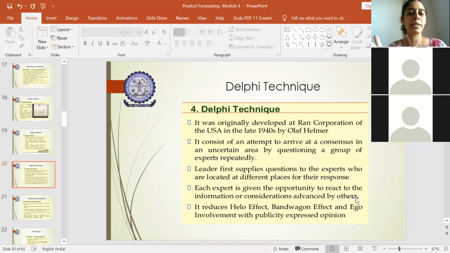So it provides a gateway to discuss the answers given by different expert individuals together, so that they can identify which is the best solution for a particular problem associated with the product. By identifying this solution, it will then be forecasted in the process stage, and finally the forecasted product will be given in the output stage.